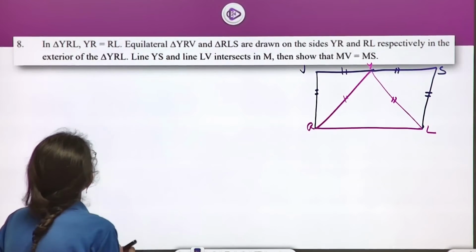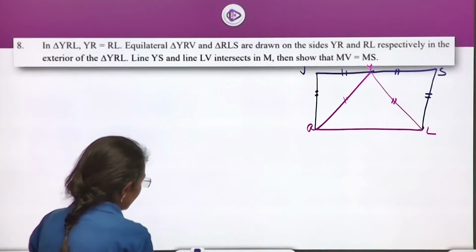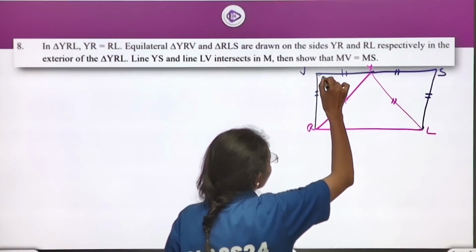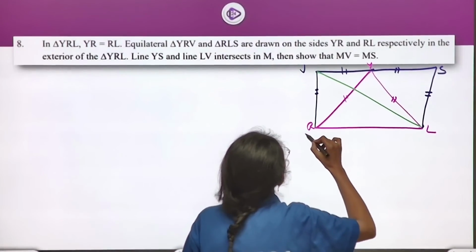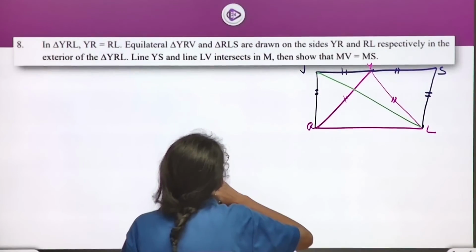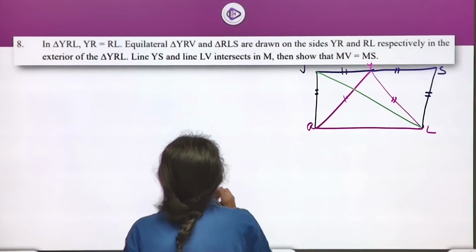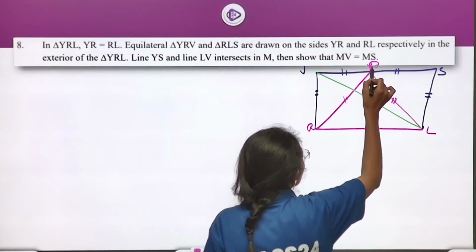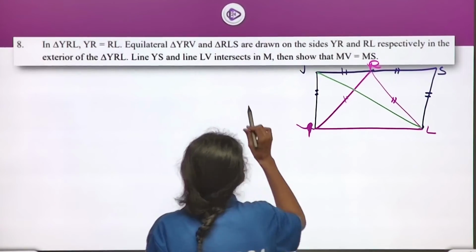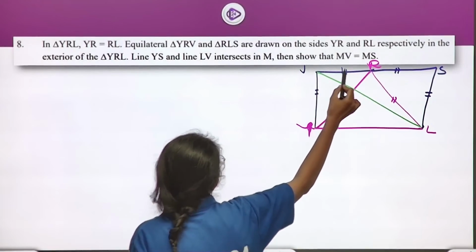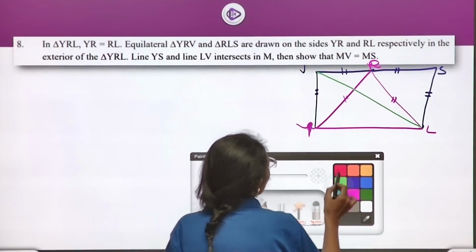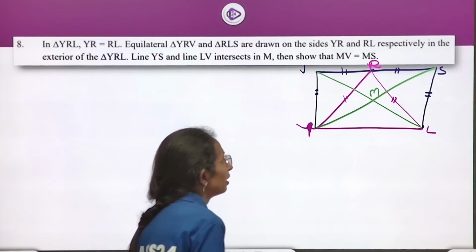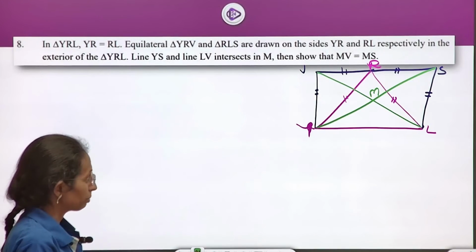Now, exterior to triangle YRL, the lines YS and LV are joined, such that YRV and RLS are formed. Now VL and YS lines are joined and they are intersecting at M. We need to prove that MV is equal to MS.